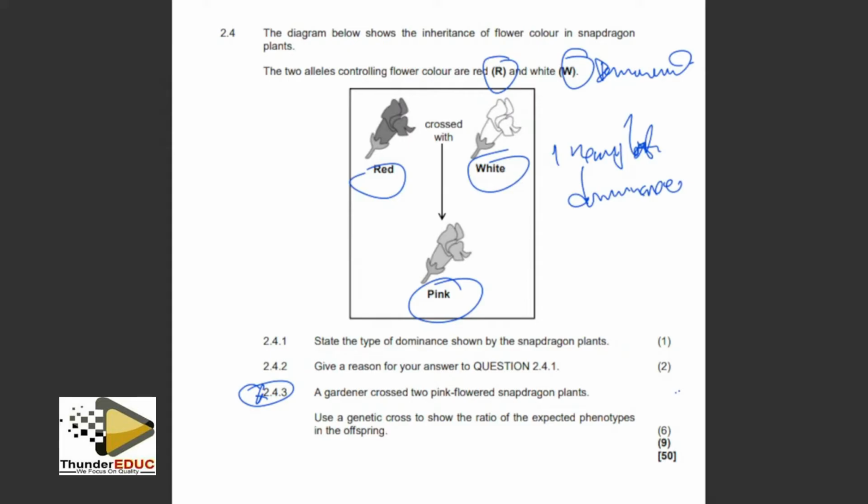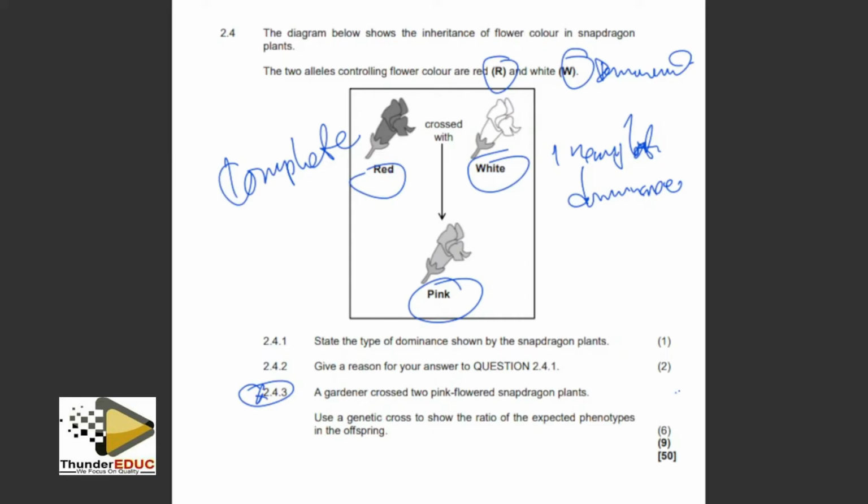Incomplete dominancy. A. The question is here: state the type of dominancy shown in the Snapdragon plant. Here it is incomplete dominancy. Give a reason for your answer: because a third phenotype is given, or an intermediate is given. Now, if it was complete dominance, I would have red and white, and I would produce either red or white, depending on which one is dominant.